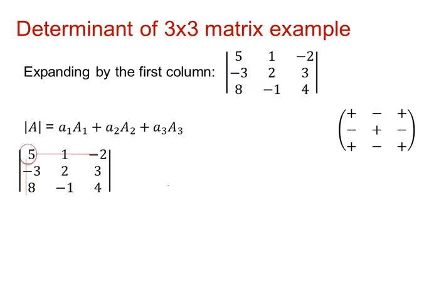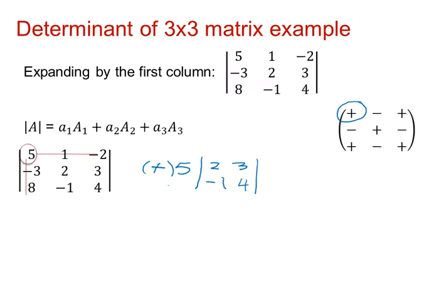We've crossed out the row and column which are associated with that first element, and then we would have a think about the signs in the sign matrix off to the right. So we would have a plus, because that's the sign over here. We know we've got that element of 5, and then we know we're going to be working out that cofactor from this 2x2 matrix over there.